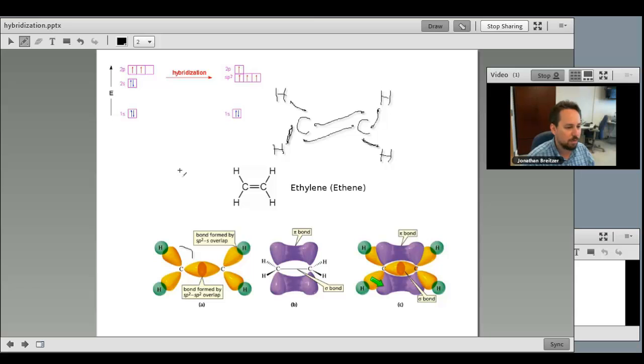If you have a triple bond, then it's going to be a sigma bond and 2 pi bonds. You cannot go above a triple bond. Quadruple bonds cannot be made except by involving d orbitals, and that only happens with metal-metal bonding, and that's beyond the scope of the course. So a single bond is a sigma bond, a double bond is a sigma and a pi, a triple bond is a sigma and 2 pi's.